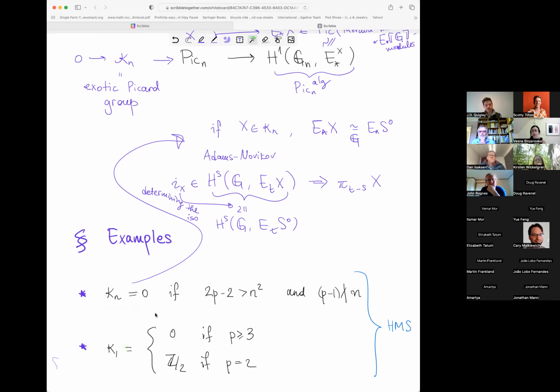The map to the algebraic Picard group is surjective, but I'm not going to say more about that. This condition is satisfied when p is at least 3. So there's nothing there, and the only non-trivial kappa 1 is the Z mod 2 at the prime 2. And all of these things are done in this paper from the 90s by Hopkins, Mahowald, and Sadofsky.